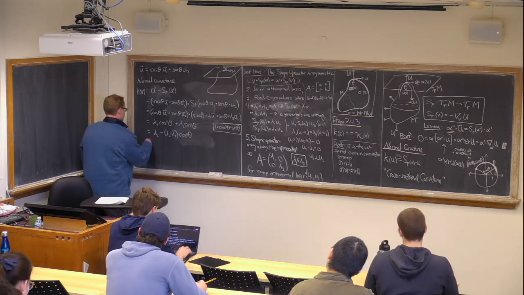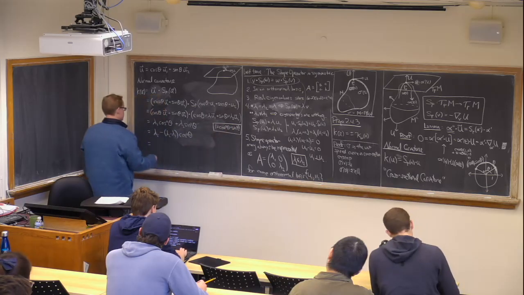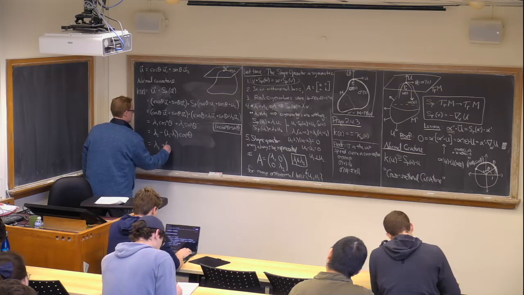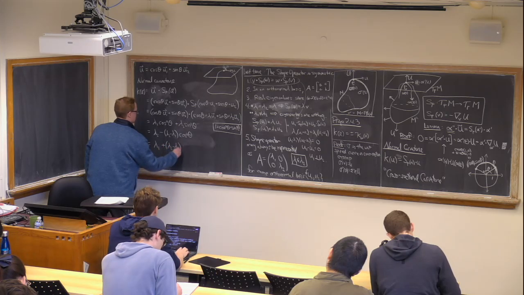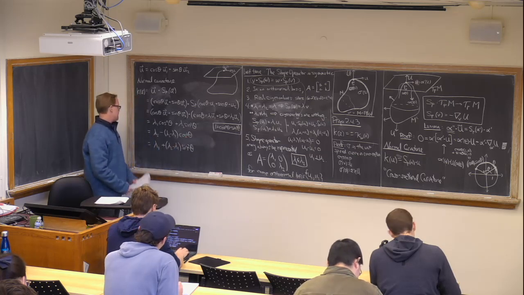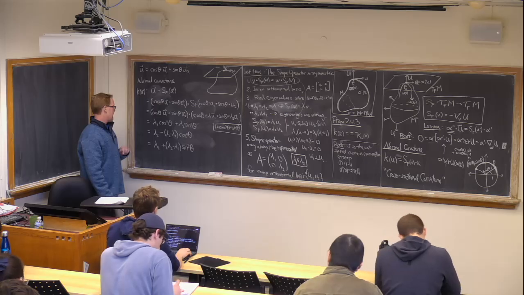And then there's another thing I could do. Let's substitute away the cosine squared. Cosine squared is 1 minus sine squared. Then I'll get lambda 1 plus lambda 2 minus lambda 1 times sine squared theta. Did I do it right?